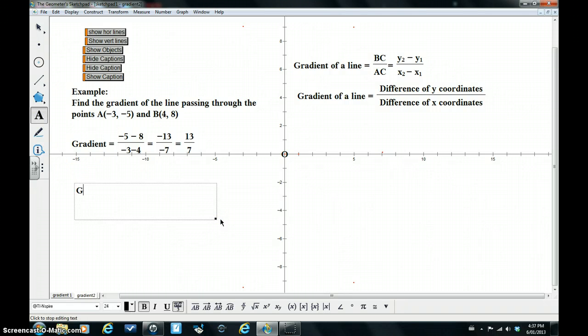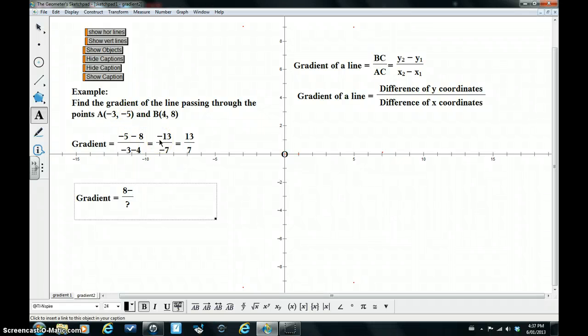The gradient, we should get the same answer, of the line equals, and this time I'm going to start with the y coordinate, not of point A but of point B. So I'm going to put 8 in, minus the y coordinate of point A, which is -5.